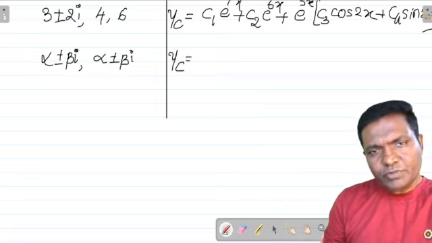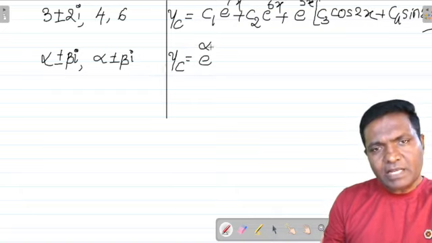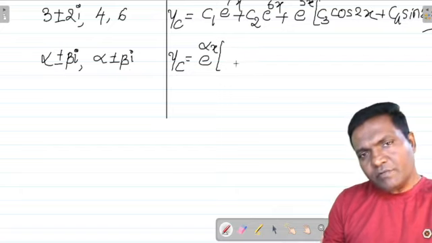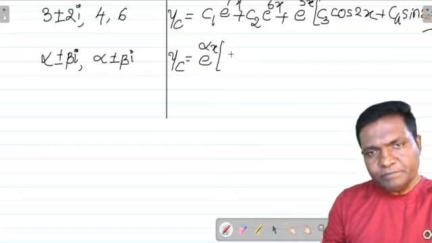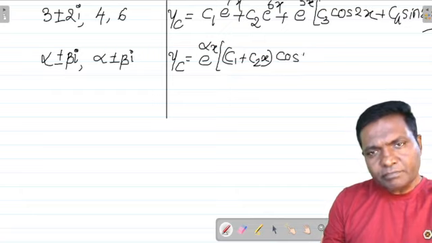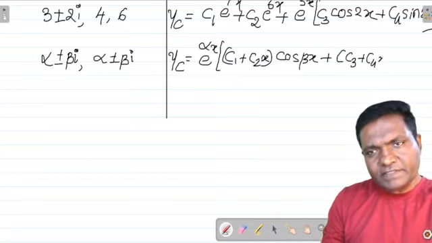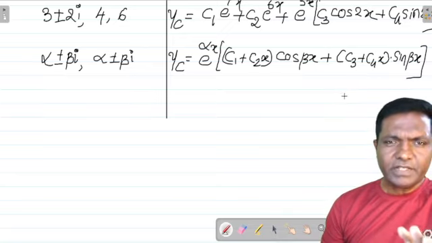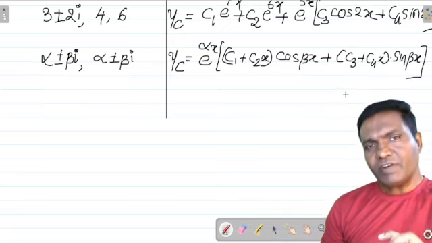Then yc you need to write e^(alpha x), and for the coefficients of cos and sine you have to write linear expressions: (c1 + c2x) cos beta x plus (c3 + c4x) sin beta x. So in this way you need to write the complementary function.